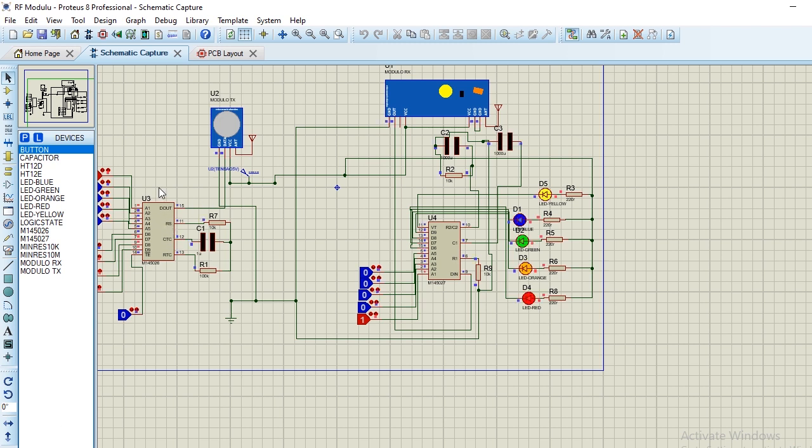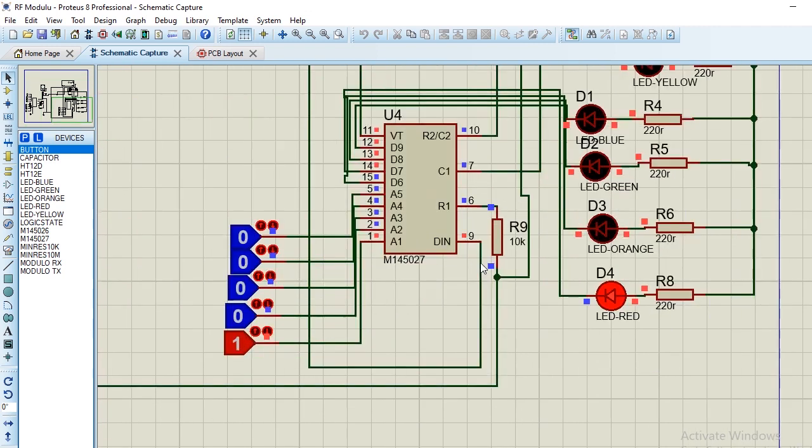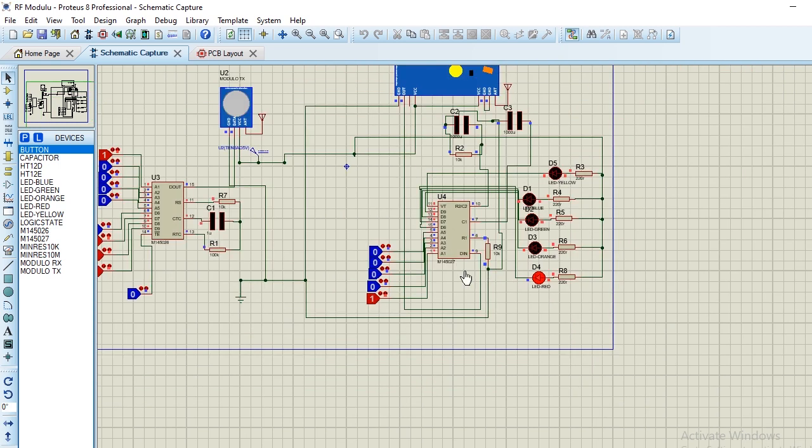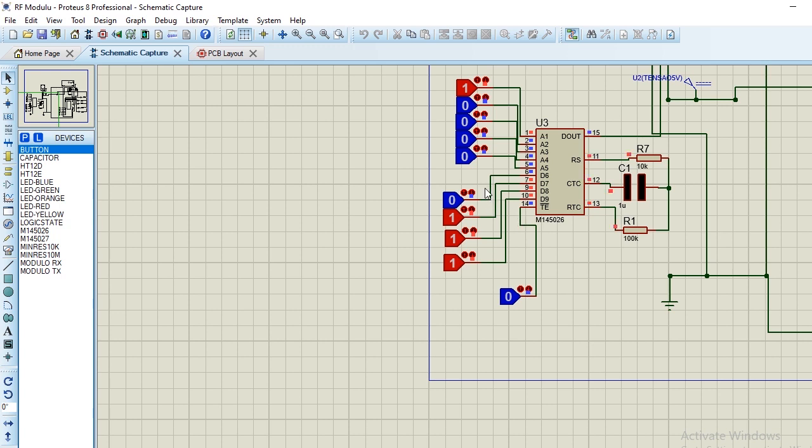Okay, now you can see the signal. This is the LED signal line from the VT. It's blinking, and this red LED is being connected to this DCs. If you watch the DCs, which is this one, it is low.